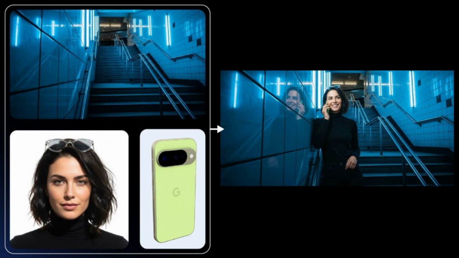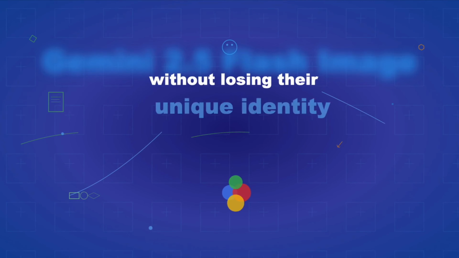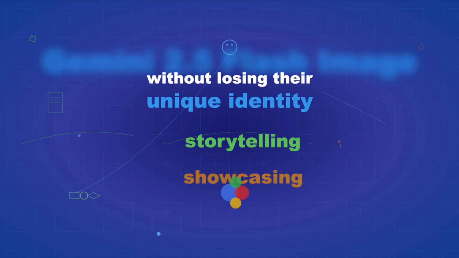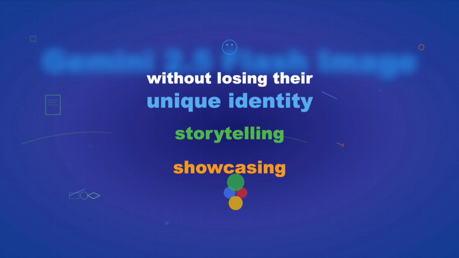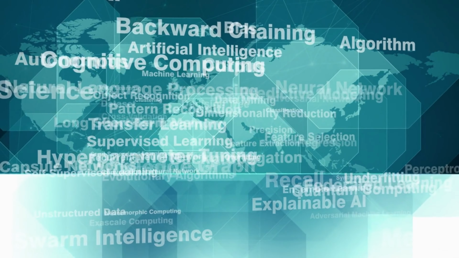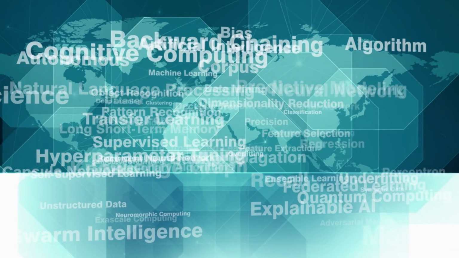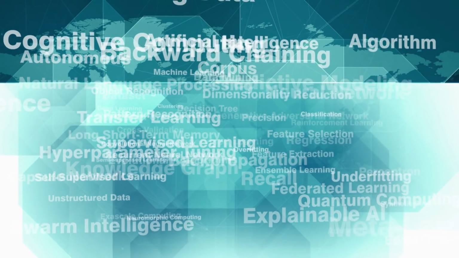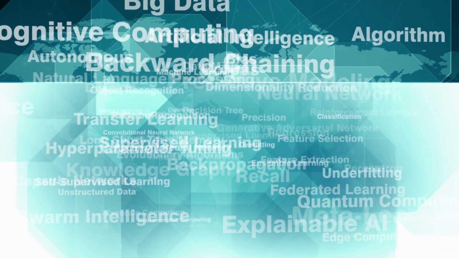Developers have already demonstrated how you can take a single character and seamlessly drop them into multiple environments or scenarios without losing their unique identity. This capability is absolutely crucial for compelling storytelling, for showcasing product shots from every imaginable angle, and even for creating entire digital catalogs where a consistent subject is paramount. This level of reliability simply wasn't attainable before.